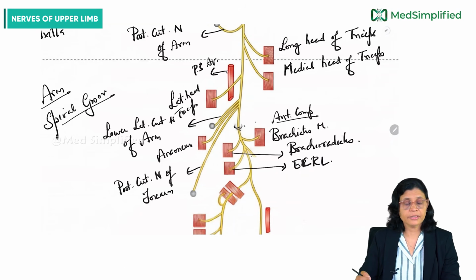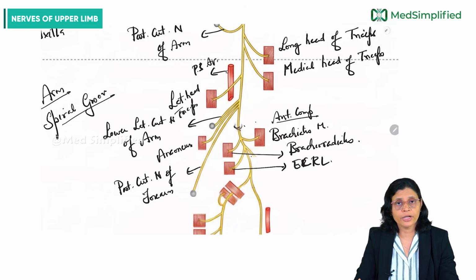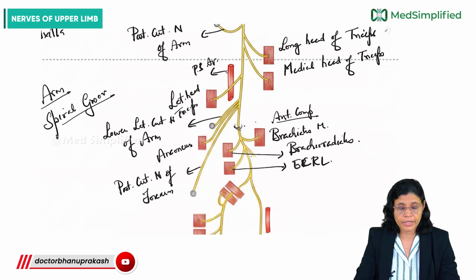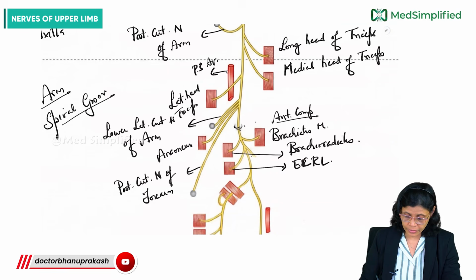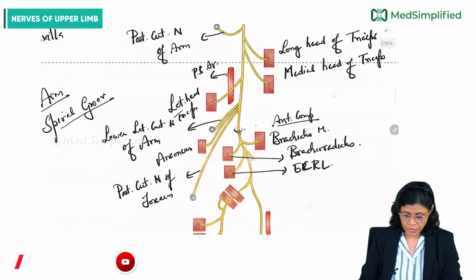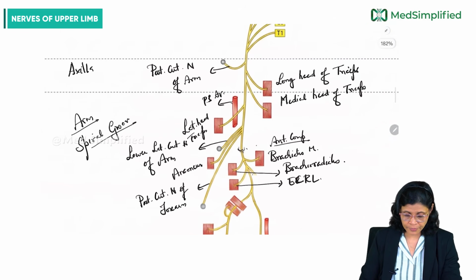So these muscles it will supply before it divides into its branches. At the level of the lateral epicondyle of the humerus, it will divide into its two divisions. So this is the course of the main radial nerve.